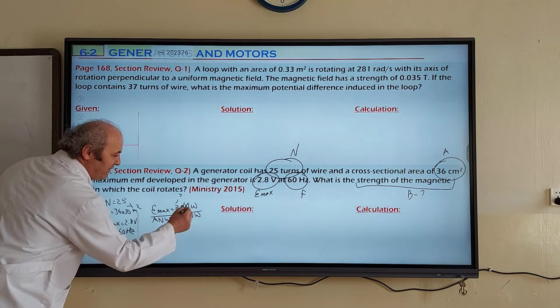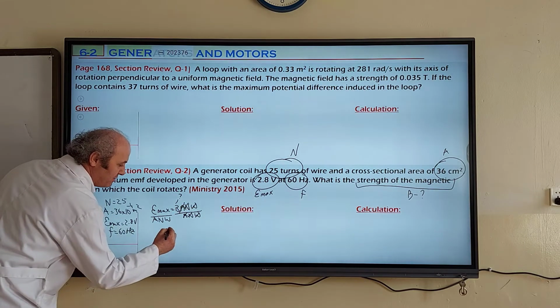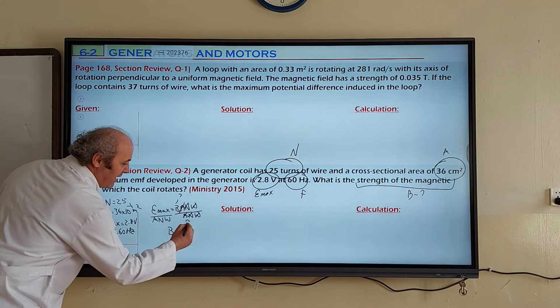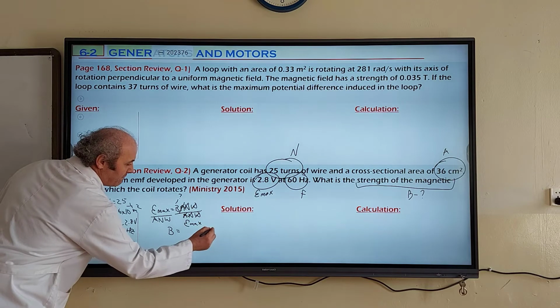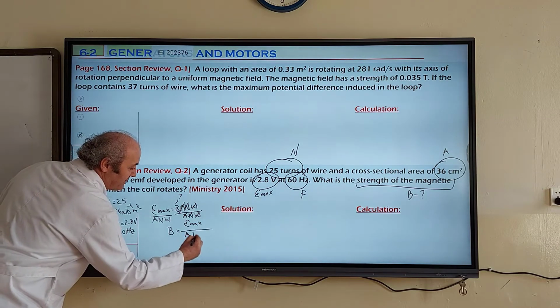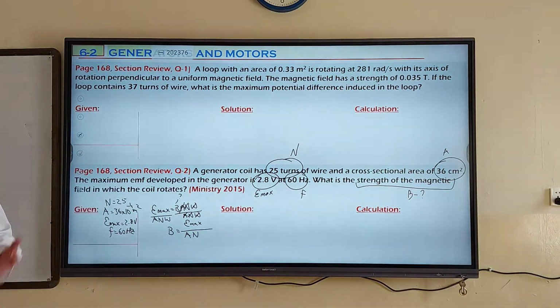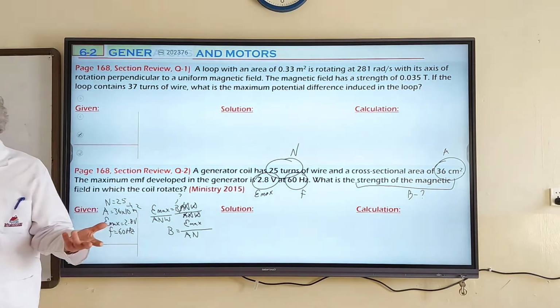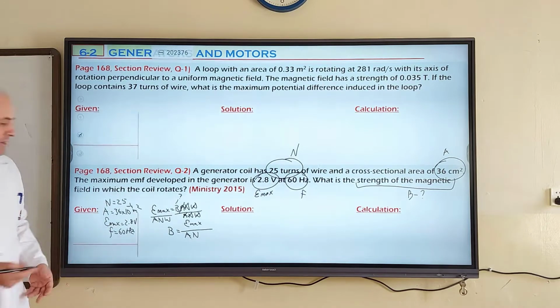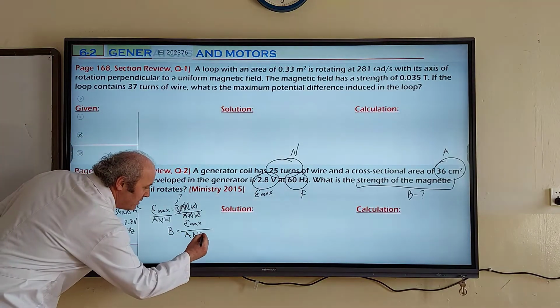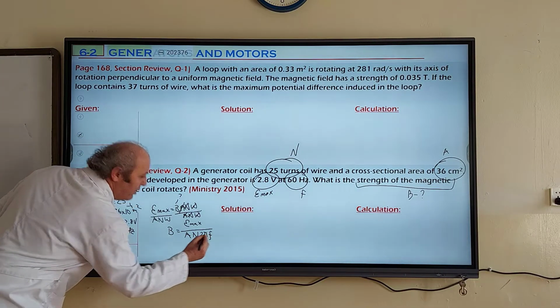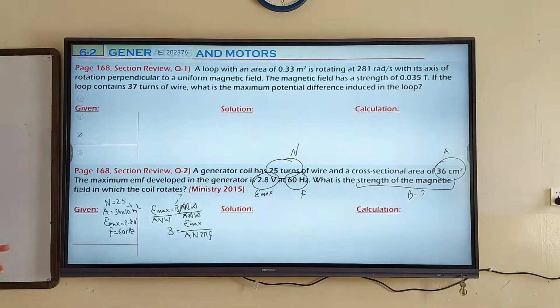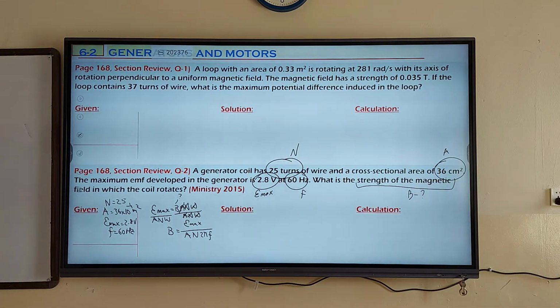Simplify A, simplify N, simplify omega. So B is equal to E max divided by A times N times omega. Omega is not given directly, but I know how to calculate it. Omega is 2 pi f. So instead of omega, I will write 2 pi f. All are given. E max is given, A is given, N is given, F is given.